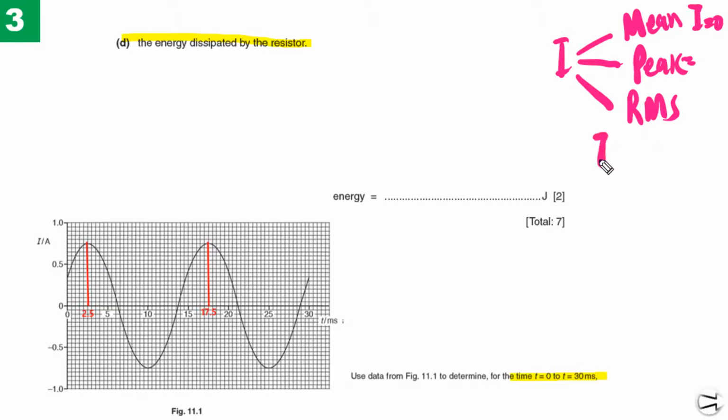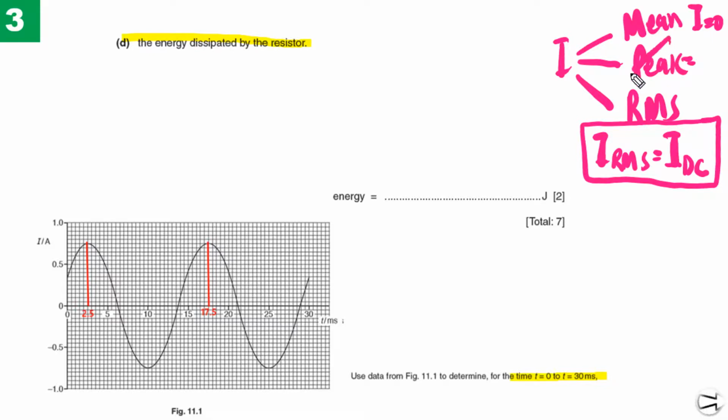But for I RMS, we need to understand I RMS actually is equal to I DC, direct current, for example, for a constant value. So if you need to calculate the energy dissipated, we simply need to use I RMS. We should not use I peak. We cannot use I mean.